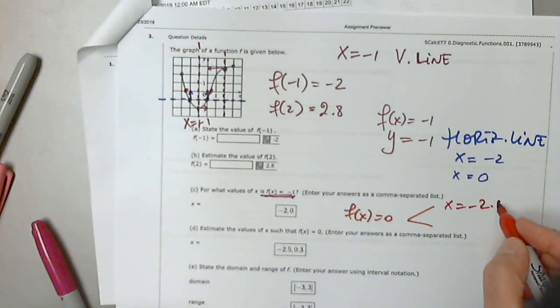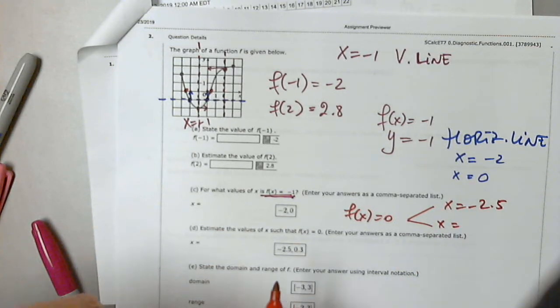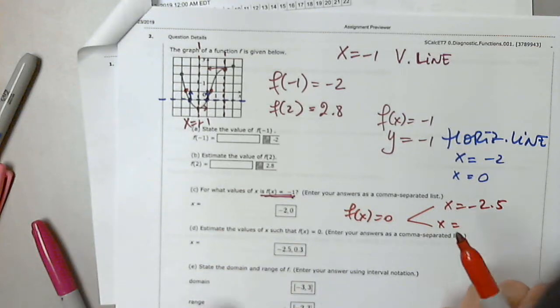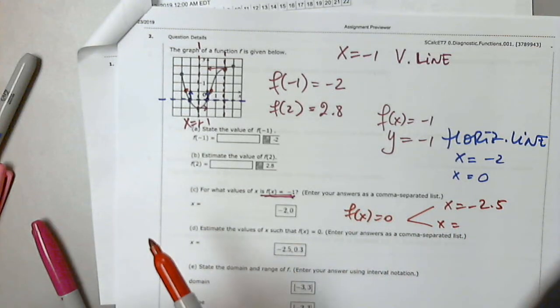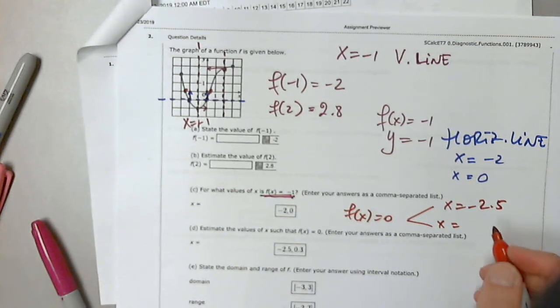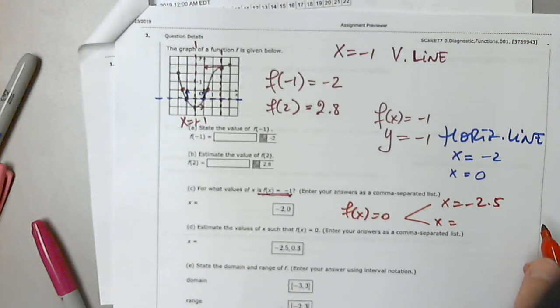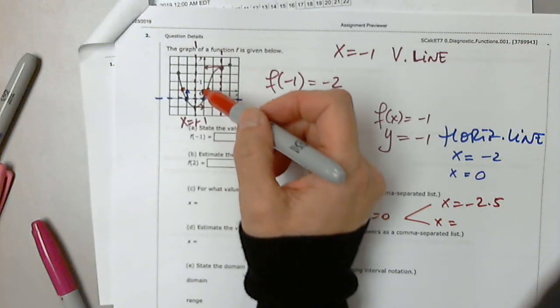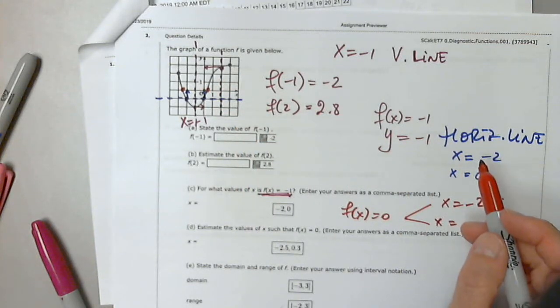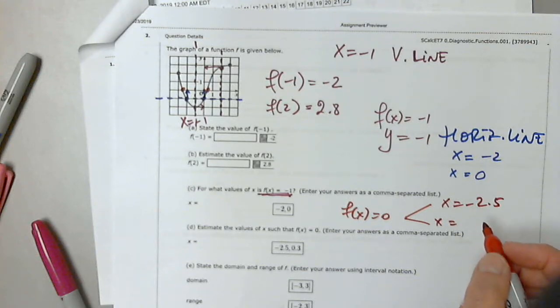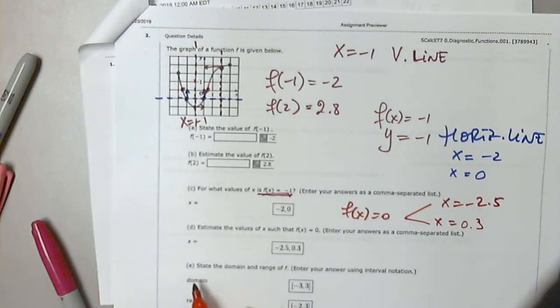So x equals -2.5, and for the positive one, I don't know how they came up with it. Whatever you say, I'll accept it, but then a good approximation. What will you say? It's between 0 and 1, closer to 0. 0.3. Okay, fine.